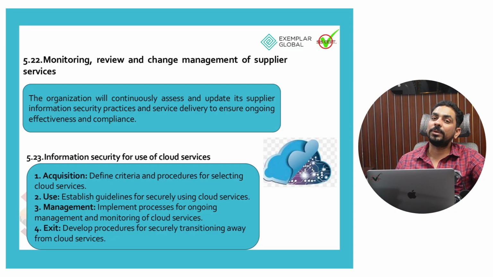The same way, we need to make sure that if there are any changes with the supplier management, supplier services, we have a proper record of this change management. So regular supplier performance reviews can be one of the options, and contract reviews, renewals. We need to have a renewal policy. We need to have a review policy of the contracts.